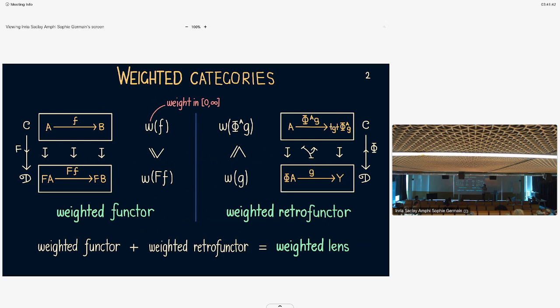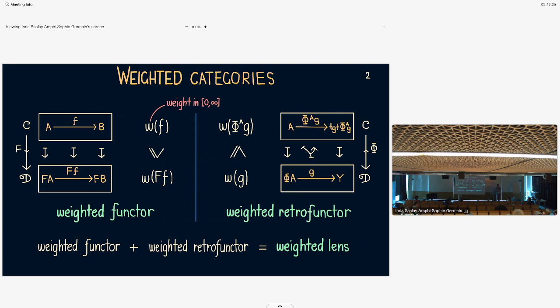And again, if you take a weighted functor and a weighted retrofunctor, and then impose some compatibility conditions between these two things, you get a notion that Paolo introduced, which is this notion of weighted lens. So I hope it's fairly clear how this particular example generalizes the one we saw on the previous slide.